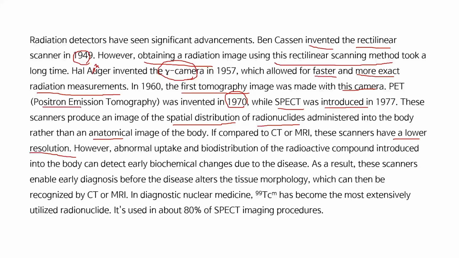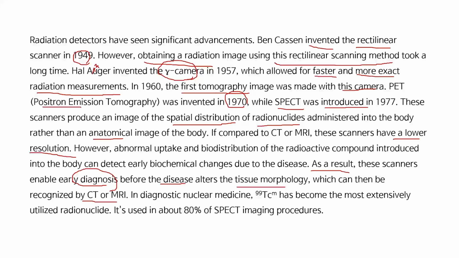However, abnormal uptake and biodistribution of the radioactive compound introduced into the body can detect early biochemical changes due to the disease. As a result, these scanners enable early diagnosis before the disease alters the tissue morphology, which can be recognized by CT or MRI.